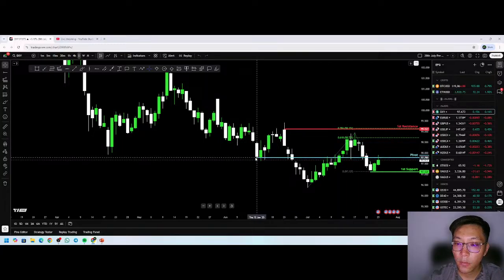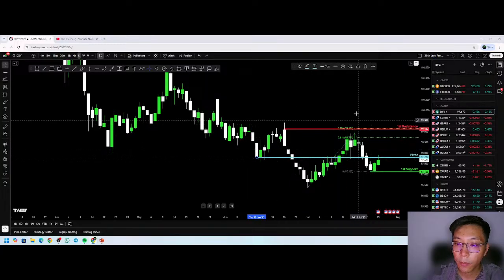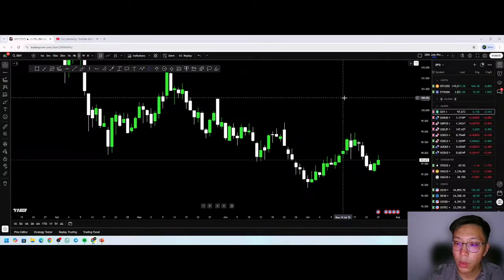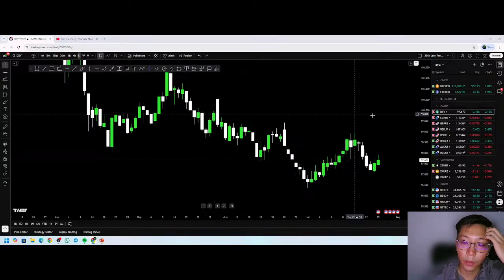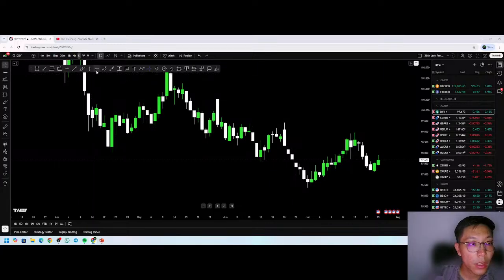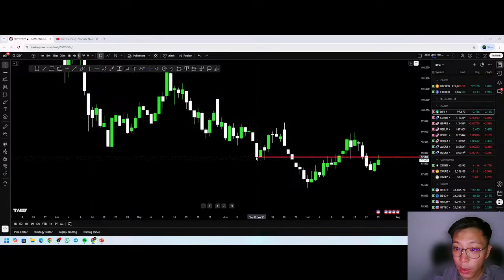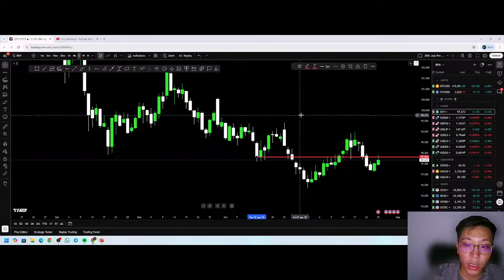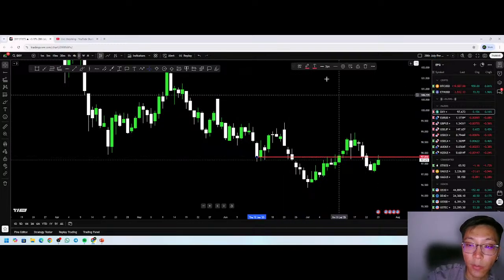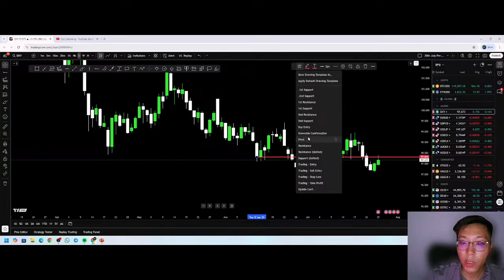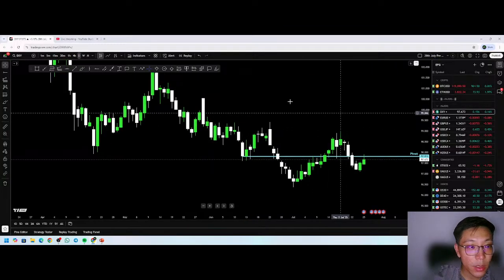I think that's fine. Let me do a little bit of a reset. Okay, let me see, DXY. There is a possibility that DXY might actually react to this pivot point instead. Let me do a little bit of adjustments.